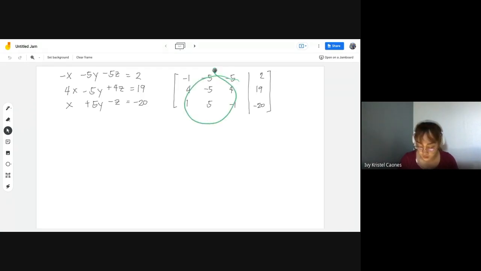And if you want to solve for y, disregard this column, replace it with your column matrix, then solve the new determinant and divide it by the determinant of the coefficient matrix.